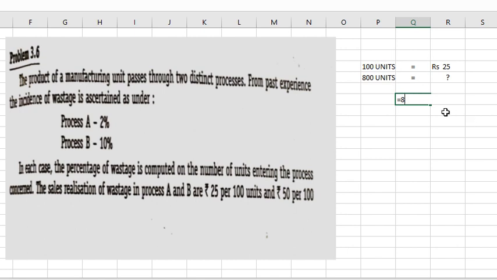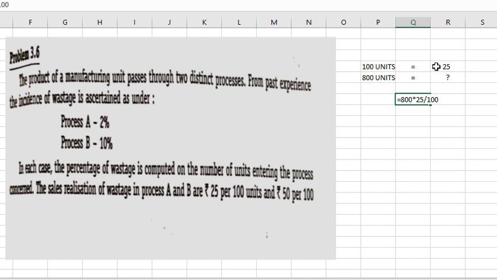This is your cross multiplication, where as per the question it is rupees 25 per 100 units. The normal loss units we get for process A is 800 units, so how much is it, is the question mark.